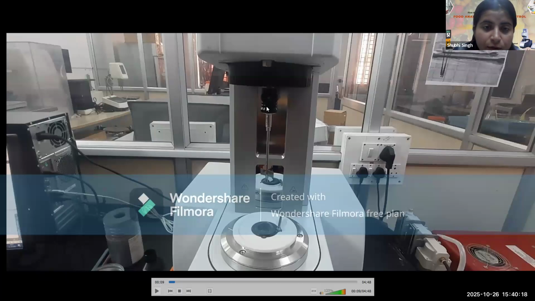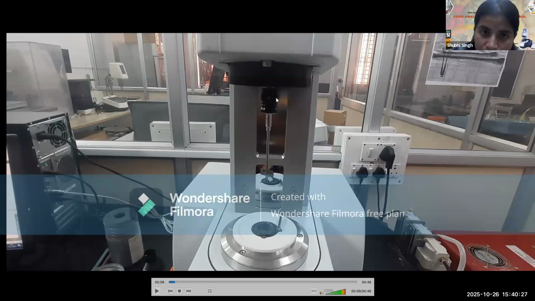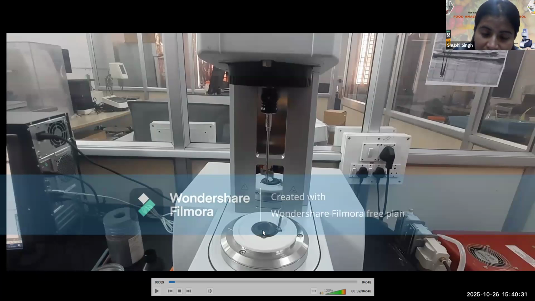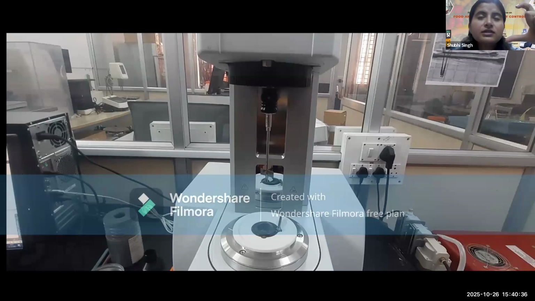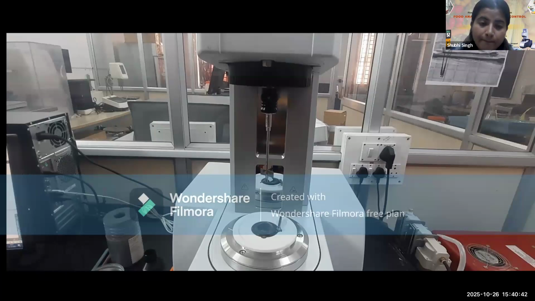Then with the help of control panel, which is over here, you have to press the start button, and then the probe will start moving inside the sample. And the canister, which we have discussed, is kind of a long beaker in which you have to add your sample.